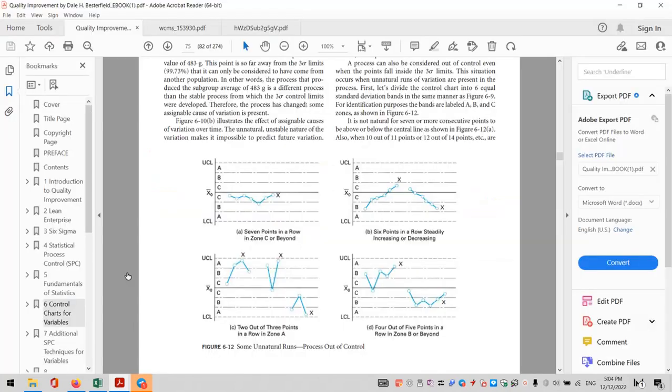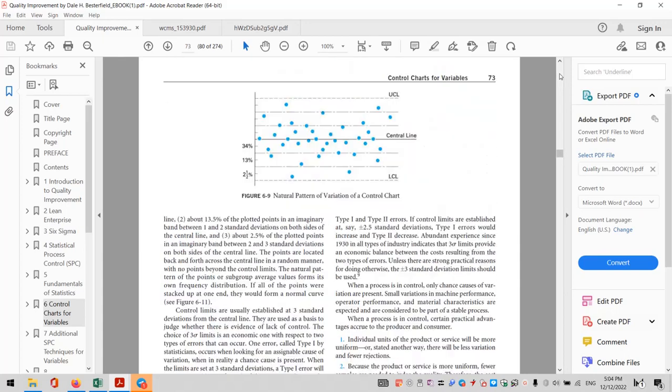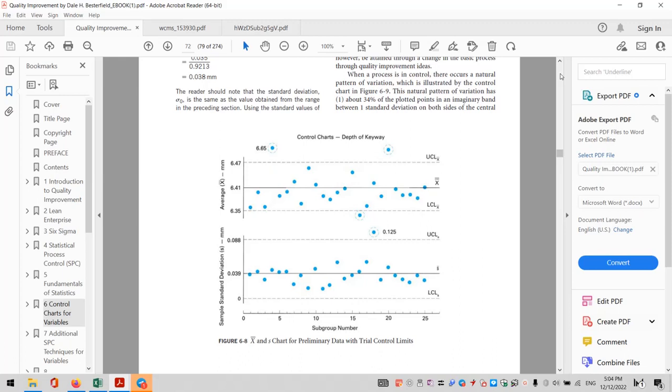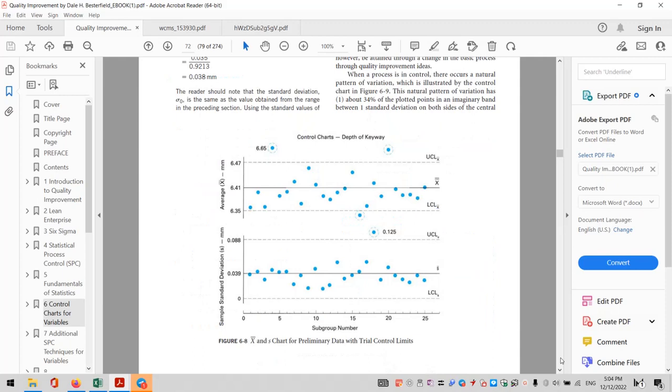So let's take a look if the process is control lah. Yang ni you nampak banyak sampel kan, banyak sampel.